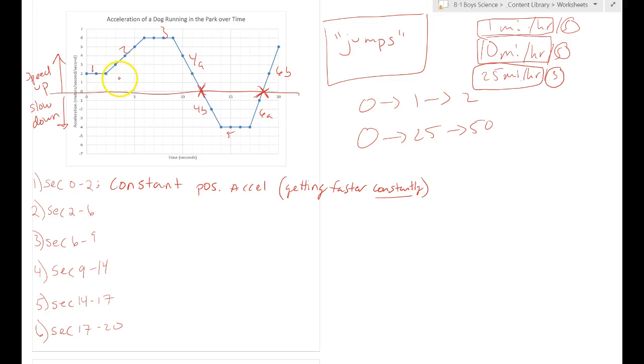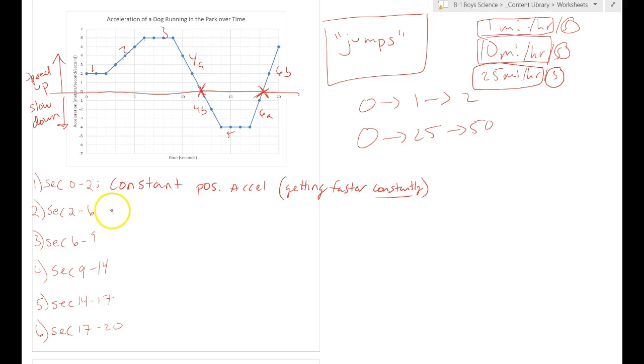So now here in our second line segment, we are first going up by 2, then 3, then 4, then 5, then 6. So in each of these cases, we're still speeding up, but every single second that goes by, we're actually speeding up faster. So our jumps are getting bigger.